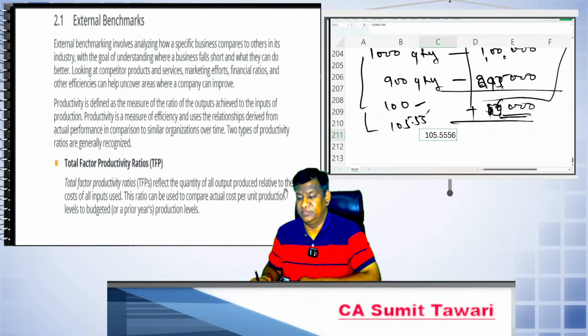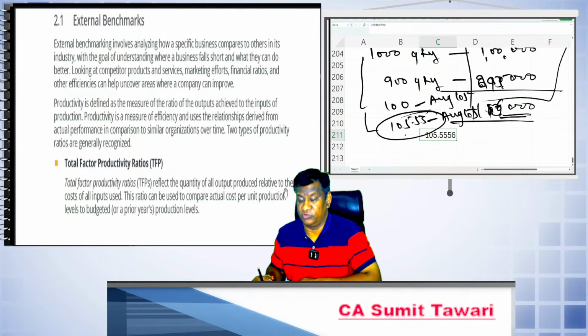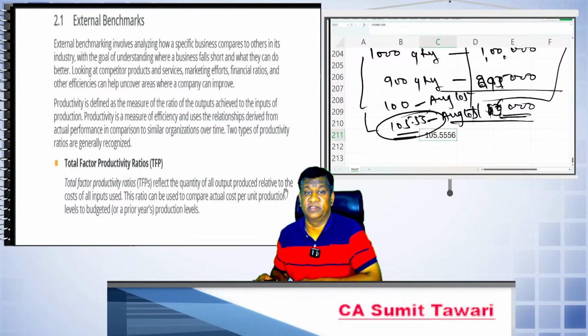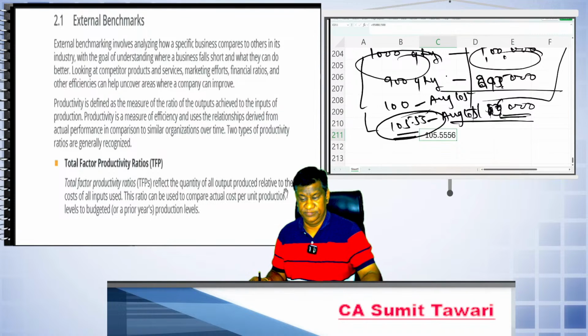Sir, won't we be calculating 1 lakh divided by 1000 and 95,000 divided by 900? Yes, yes. So these are basically the average cost. If you see here, the cost is high. That is the total factor productivity ratio. Whatever output is produced, you need to compare with the budgeted input cost.